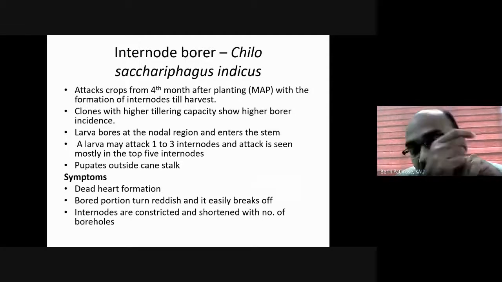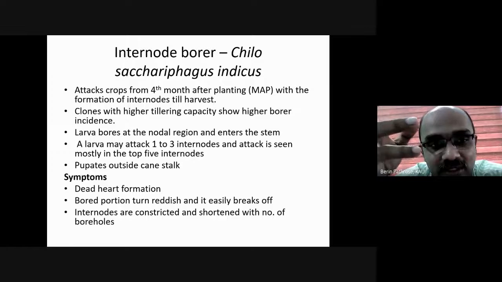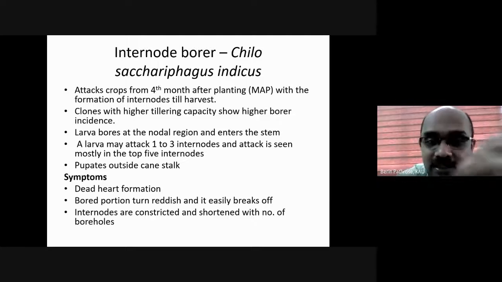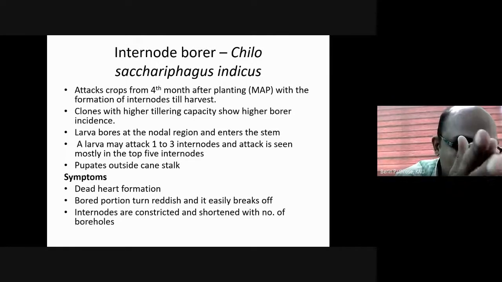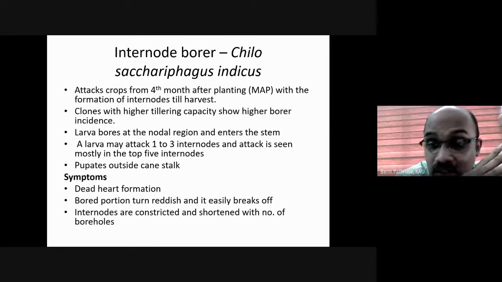So it bores into the cane near the nodal region. It feeds inside the internode region. It can move up to 3 internodes and prefers the top 5 internodes. After its larval stage is complete, it comes out of the cane and pupates outside. The dead heart symptom can lead to easy breakage of the cane, and there will be reddening of the cane.